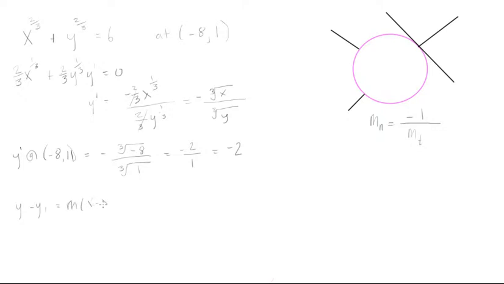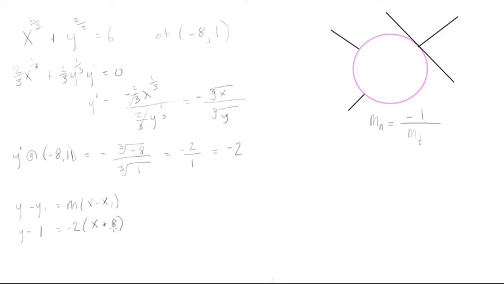That's just the point and slope form of a line. Now we know y1, we're going to use these points, so y1 is going to be equal to 1, our slope we found is equal to -2, and x1 is -8, but it's minus -8, so we'll have plus 8.